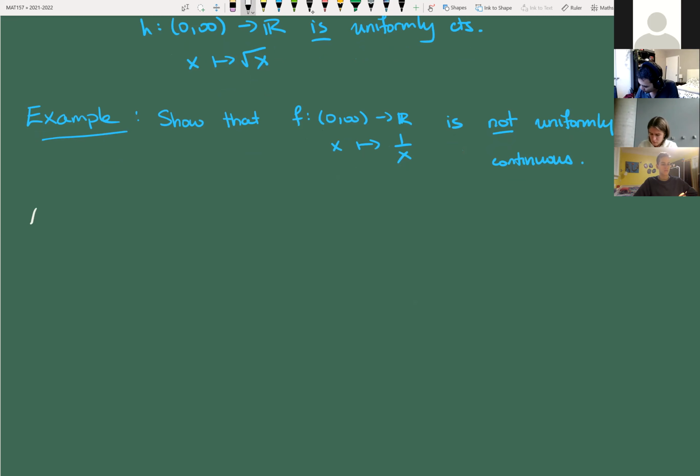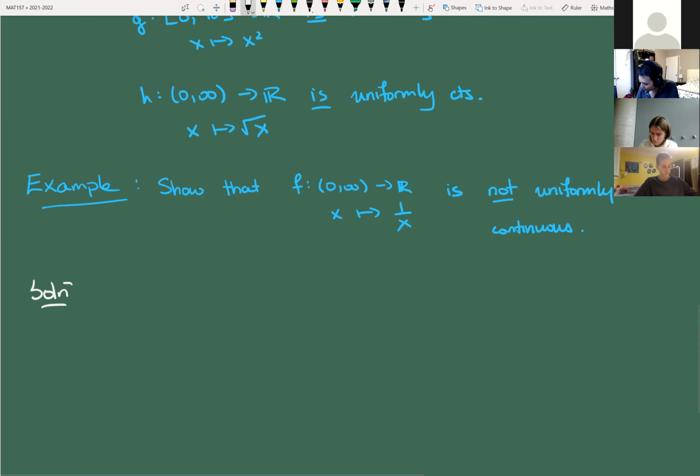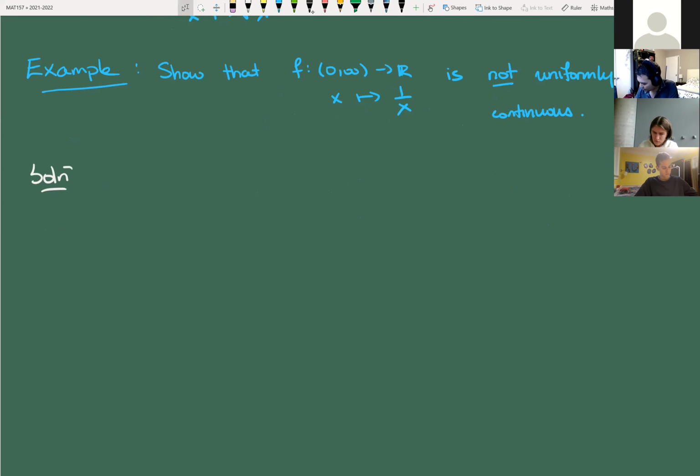When I'm proving not uniformly continuous, let me write it down here. Some people will do this by contradiction, which is a totally fine way of doing it. I'm just going to prove it directly though.